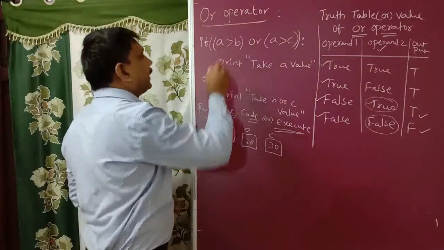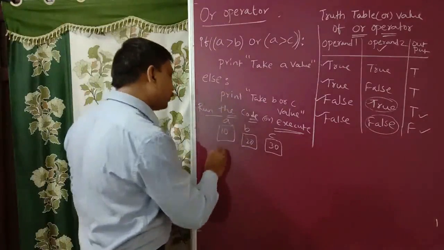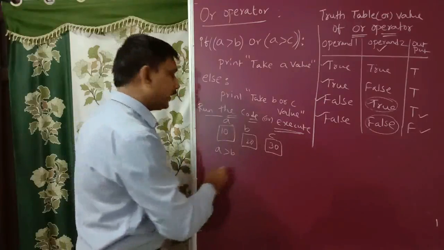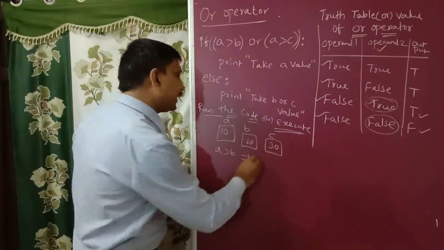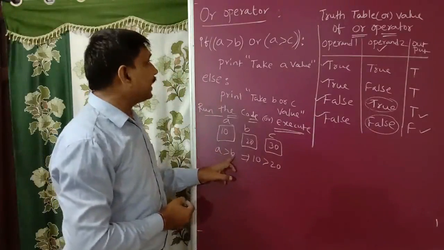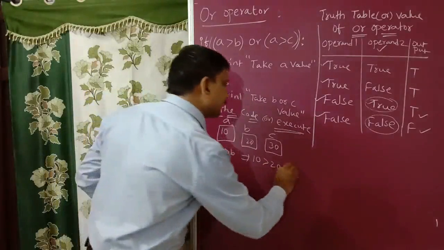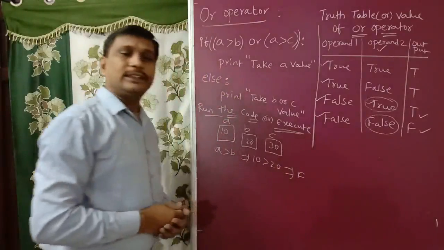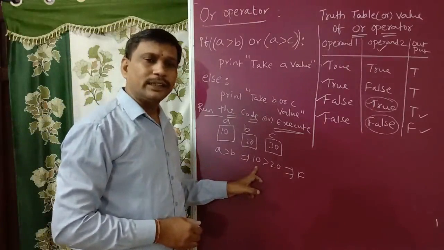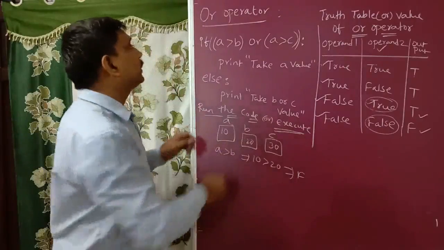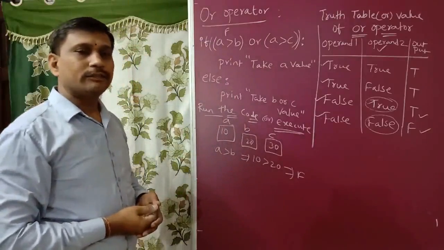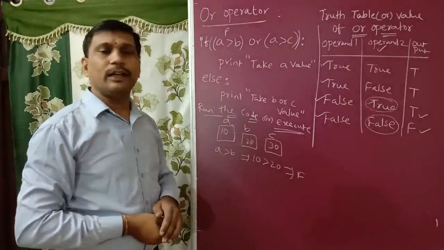First we evaluate A is greater than B, which means is 10 greater than 20 or not. This returns false, because 10 is always less than 20. So this value returns false when we give 10, 20 and 30 for A, B and C.